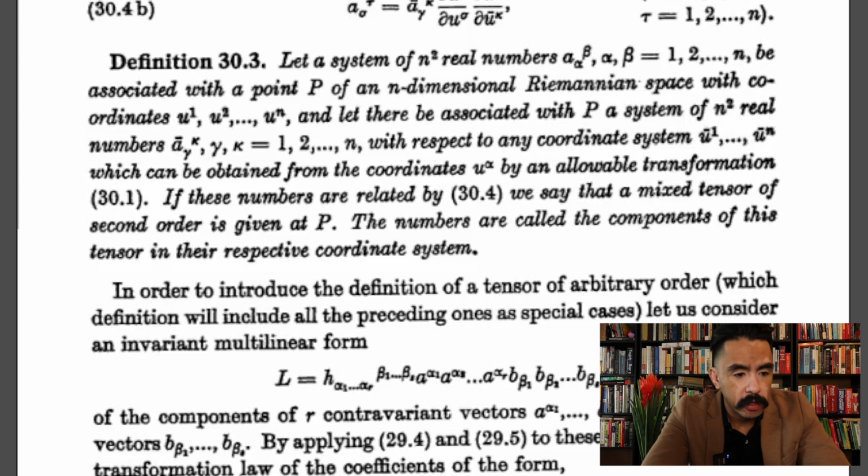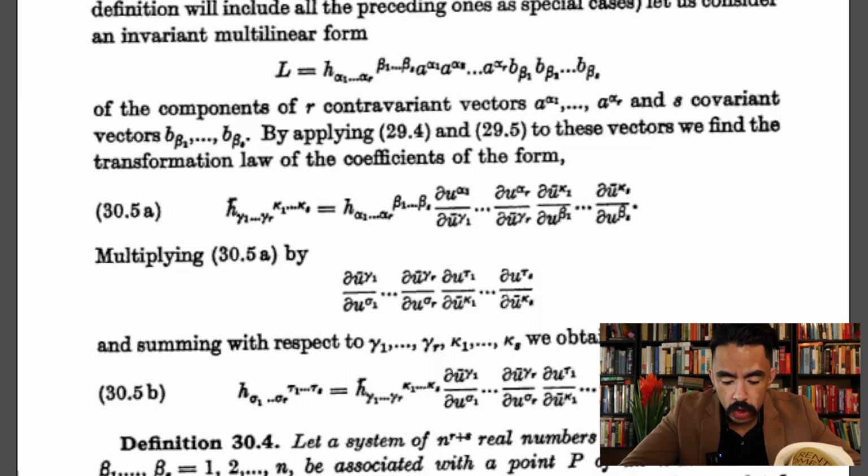In order to introduce the definition of a tensor of arbitrary order, which definition will include all the preceding ones as special cases, let us consider an invariant multilinear form. Capital L equals h with a subscript of alpha 1 through alpha r, as well as a superscript of beta 1 through beta s, times a with a superscript alpha 1 times a with a superscript alpha 2, etc., through a with a superscript alpha r times b with a subscript beta 1 times b with a subscript beta 2, etc., through b with a subscript beta s.